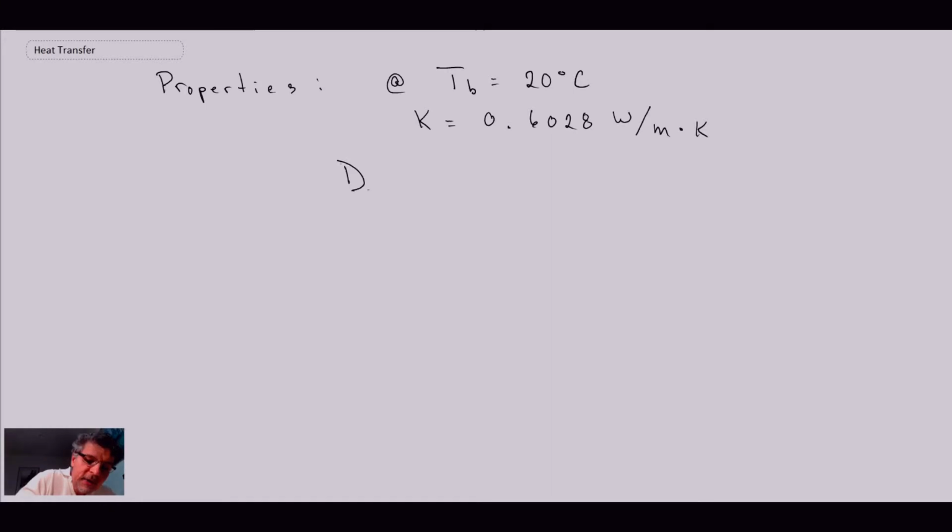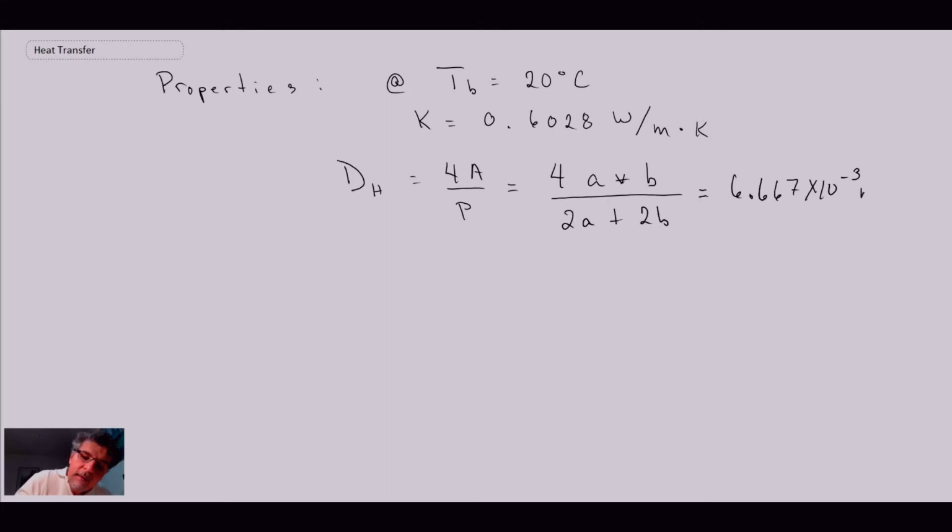And the hydraulic diameter, that is 4 times the area divided by the perimeter. Well, the area is dimension A times dimension B, and the perimeter is 2A plus 2B. When you put in the values for A and B, we get this.